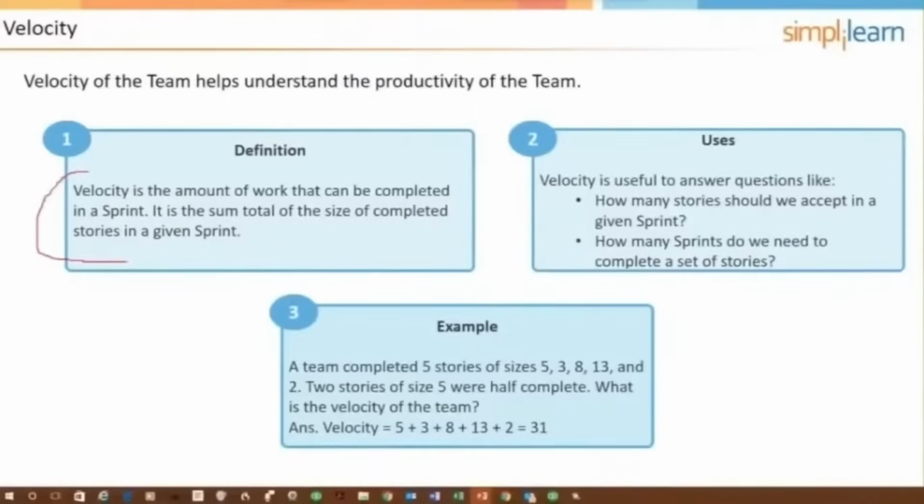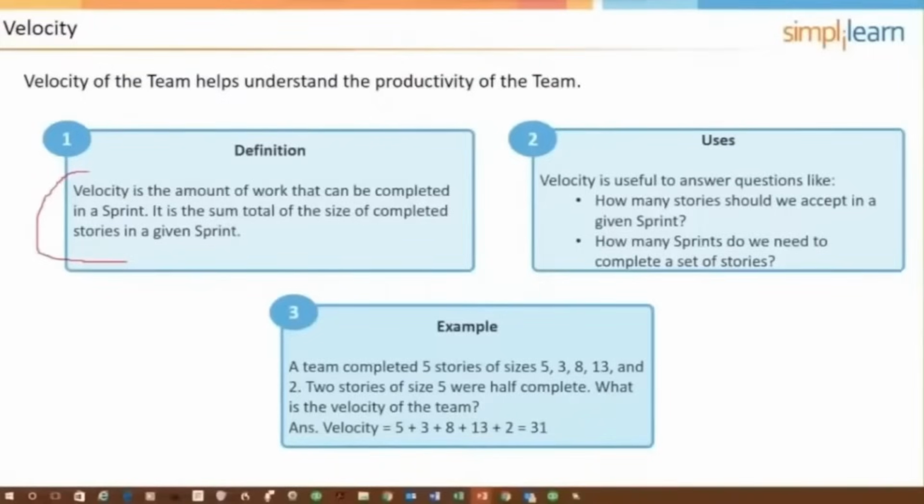So if we're working on sprint 5 and we're working on determining what our velocity is, then it would be the average of the previous 4 sprints. If there were any outliers, you would disregard those.